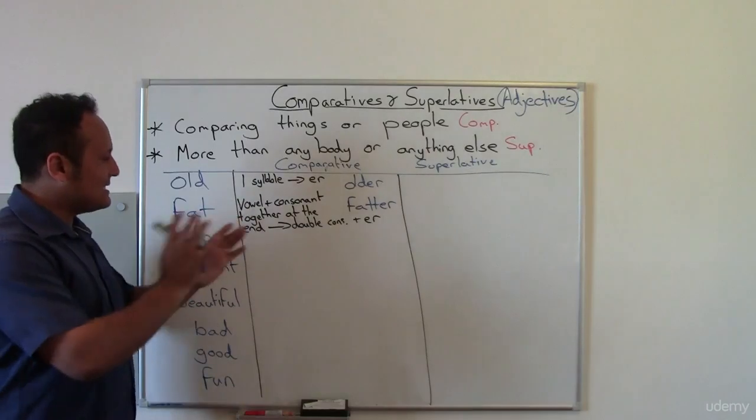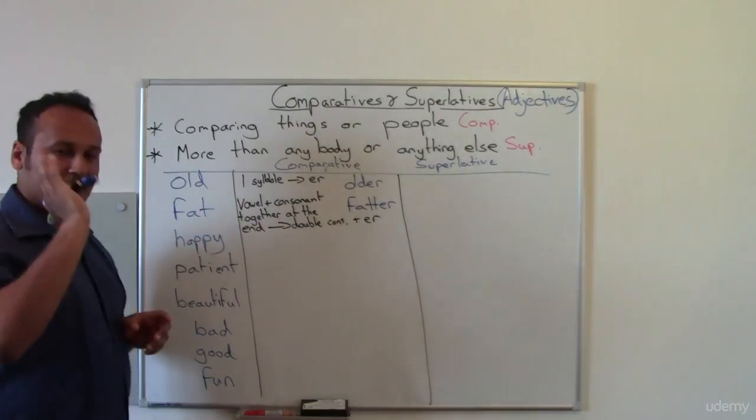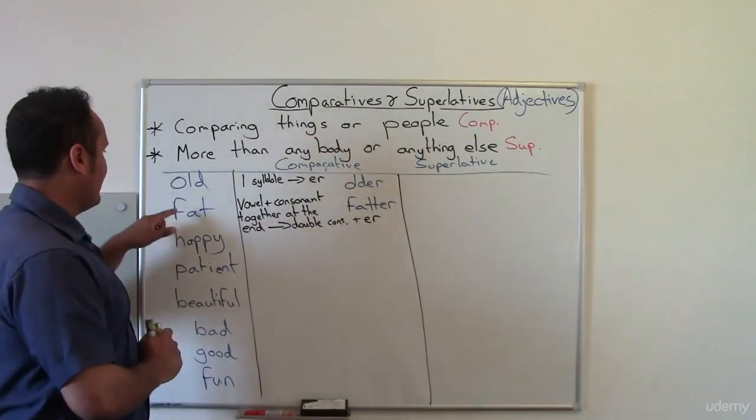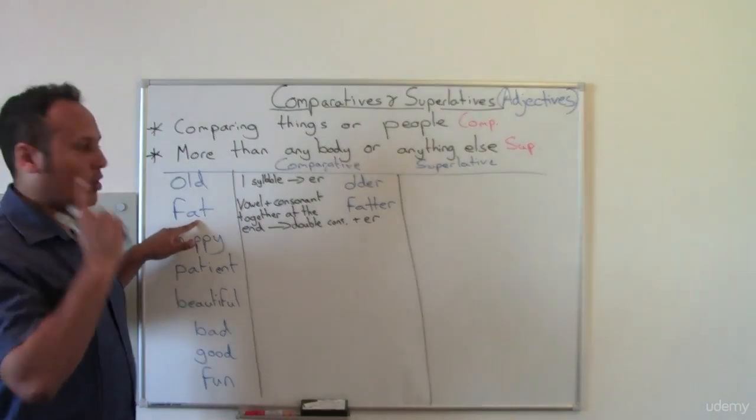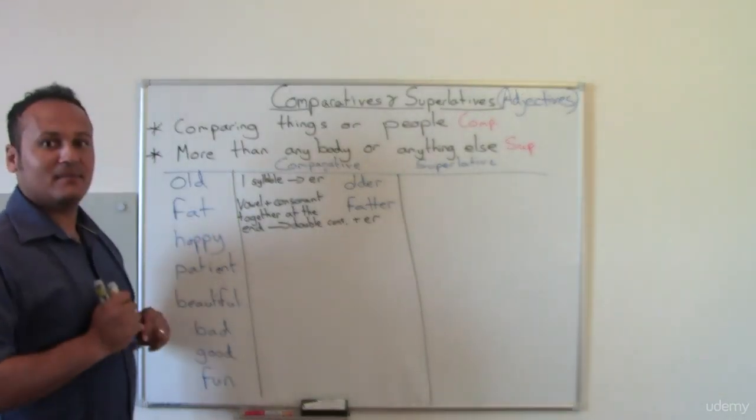Now I understand this is a little bit complicated, so let me explain it again. This word has one syllable, fat.